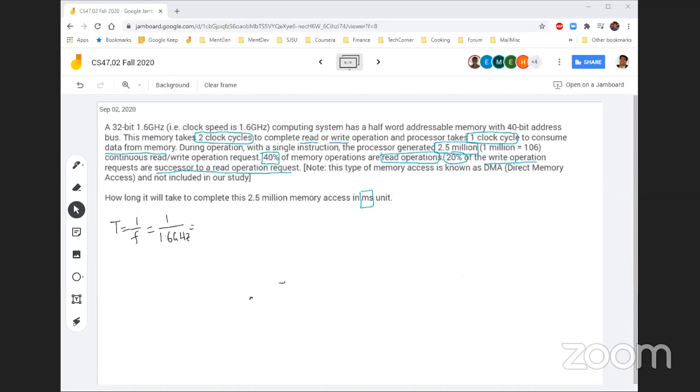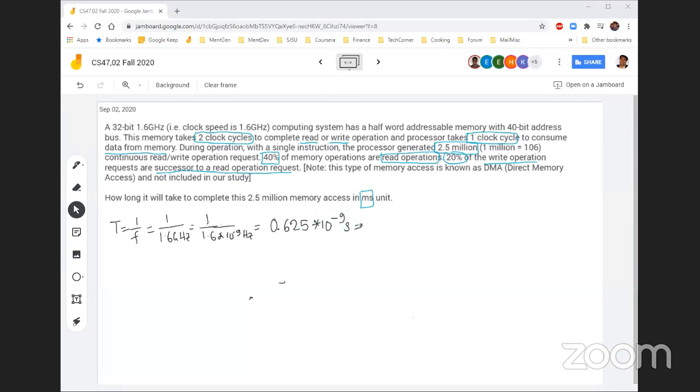Gigahertz is 10 to the power 9, so it is 1.6 times 10 to the power 9 hertz. 1 by hertz is second, and 1 by 1.6 comes to 0.625 multiplied by 10 to the power minus 9 second.